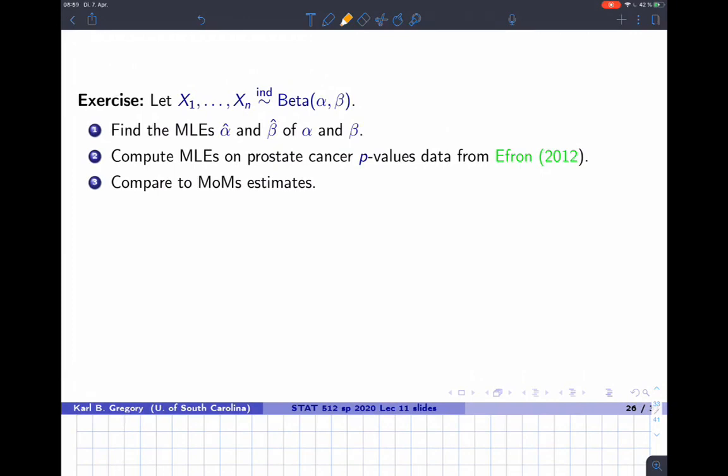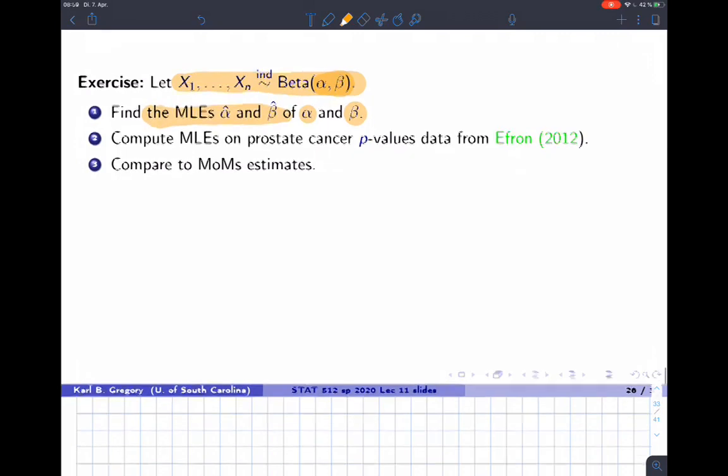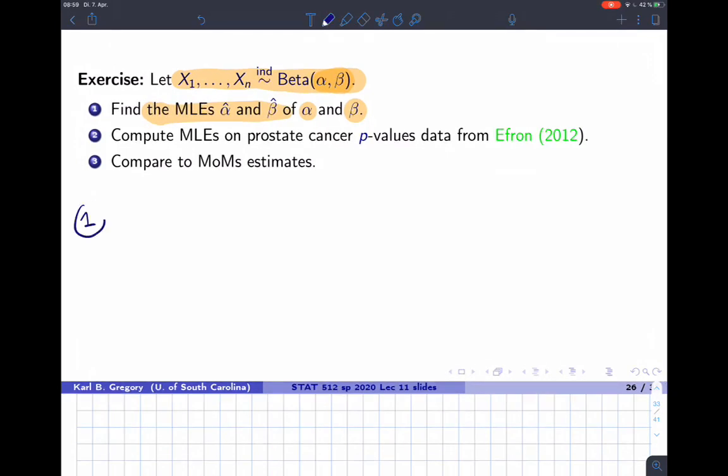Let's look for the maximum likelihood estimators of the beta distribution based on a random sample from it. So we want to estimate alpha and beta using the method of maximum likelihood. Our first step is to write down the likelihood function, which is nothing other than the joint probability density function of x1 through xn regarded as a function of the parameters.